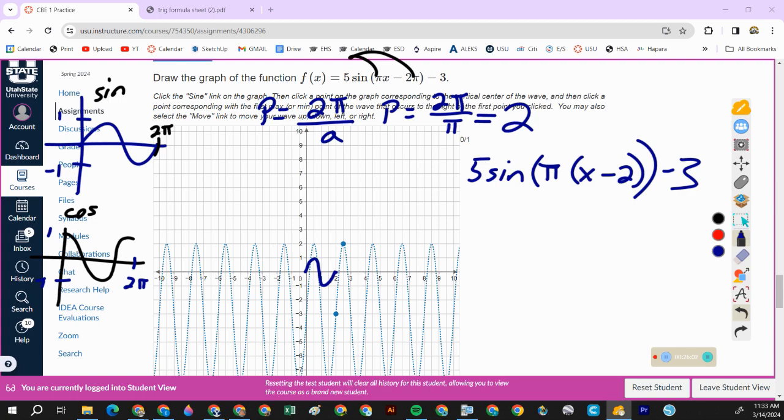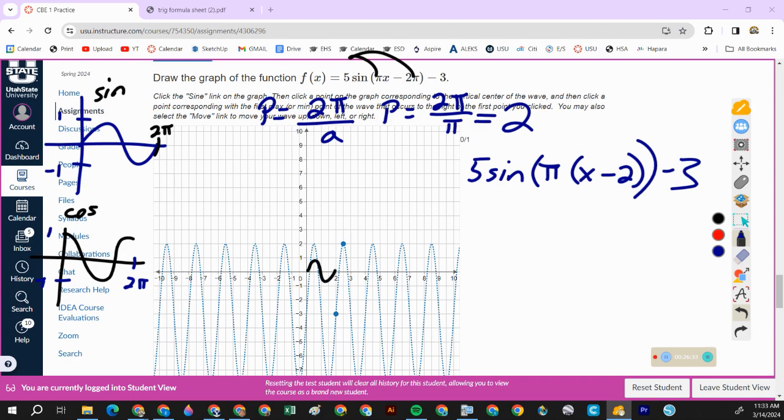So the horizontal translation is right 2. What's going to happen when I shift this to the right 2? It's going to land in exactly the same spot, right? If I shift the black one to the right 2, it's going to land exactly where the blue one landed, which is nice. So we don't need to worry about a horizontal shift.